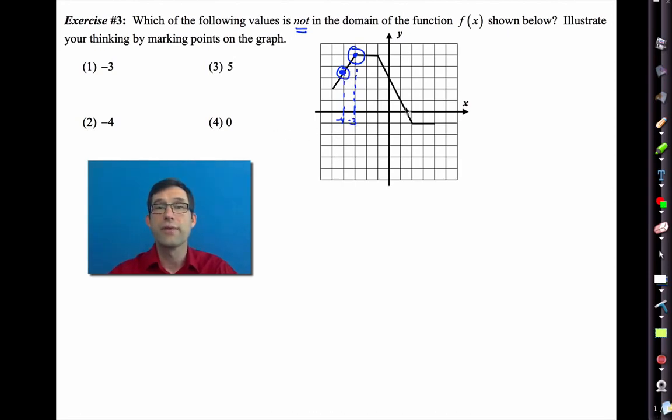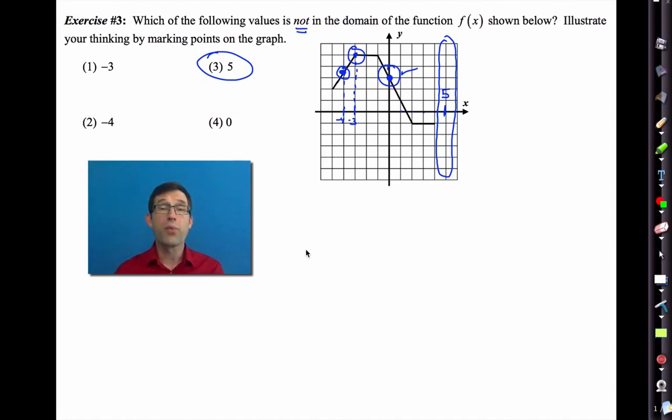Let's go to choice 3, 5. 1, 2, 3, 4, 5. Oh, there it is, right? That's not in the domain because the graph doesn't extend that far. Side note, let me just do the last one. So there's our answer. Okay, but at x equals 0, we'd be right here. So that would work fine.